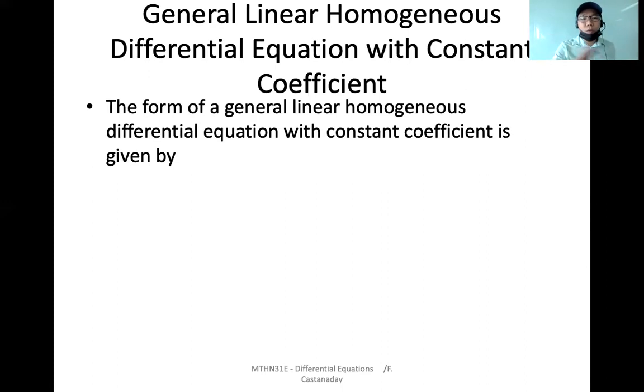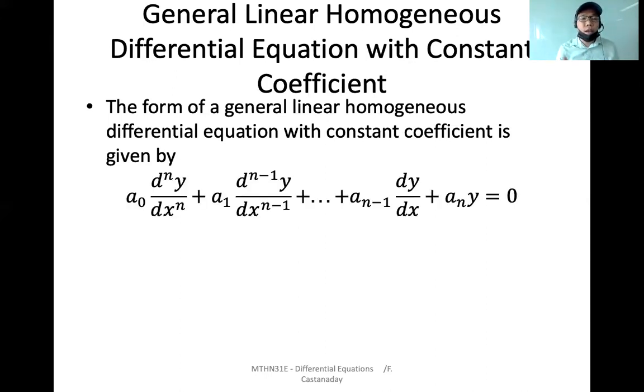Okay, what is the form of the general linear homogeneous DE with constant coefficient? So this is how it looks. You have a sub 0. These a's before the derivatives are constant coefficients. Please take note: a sub 0, a sub 1, up to a sub n.